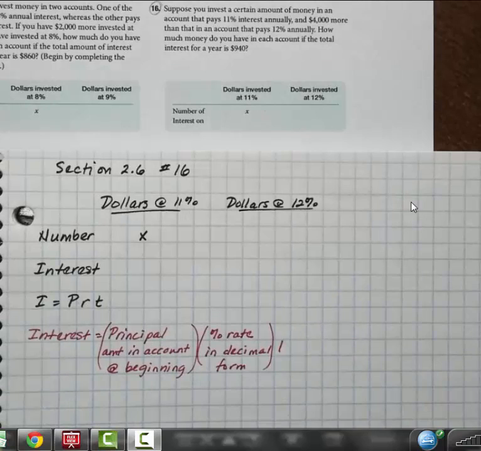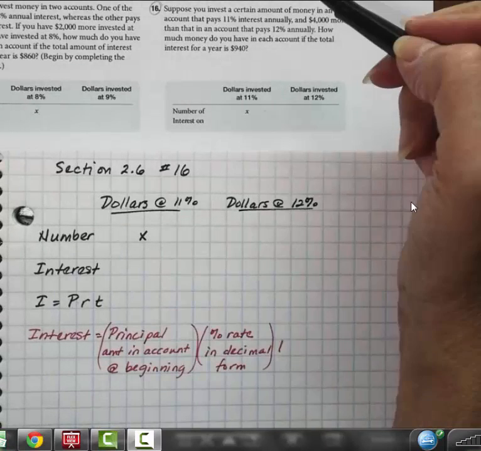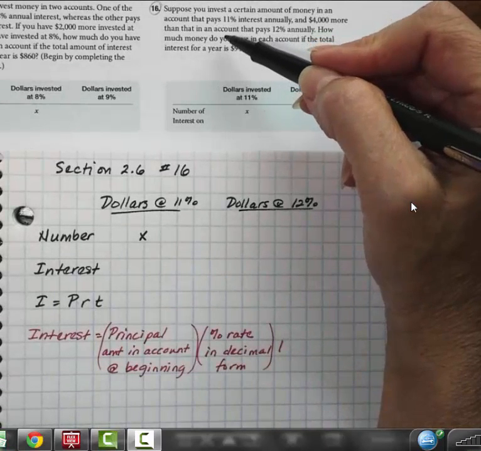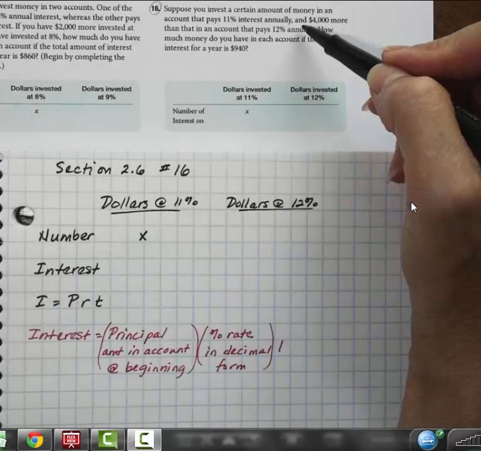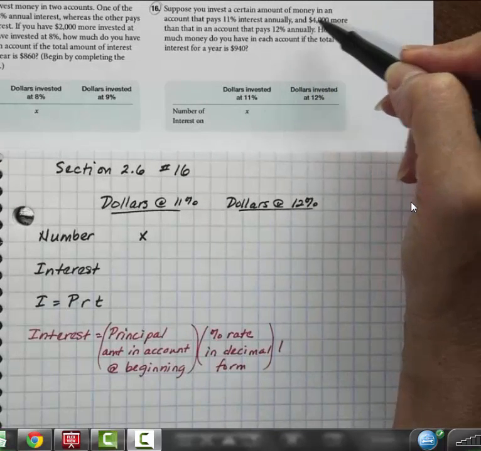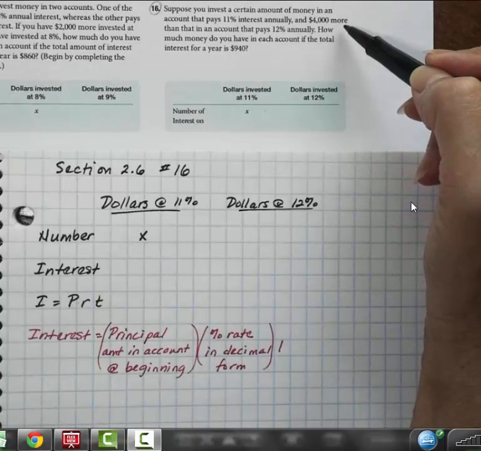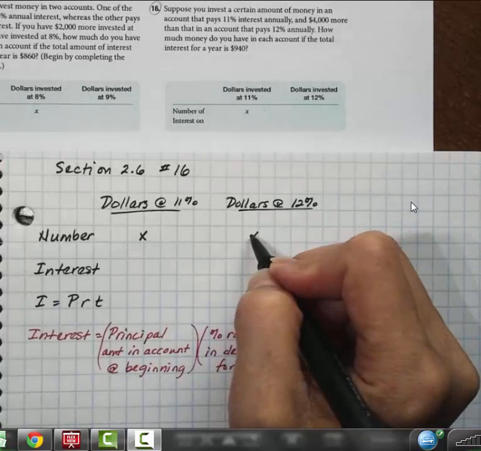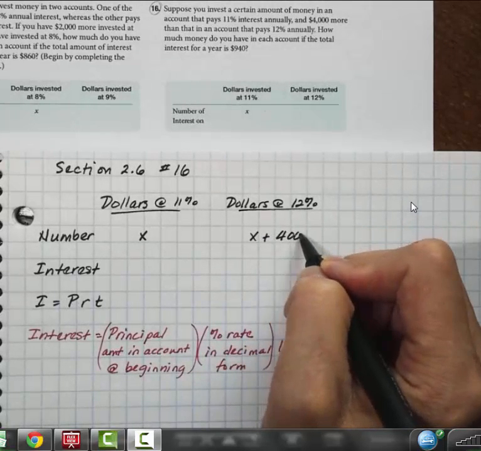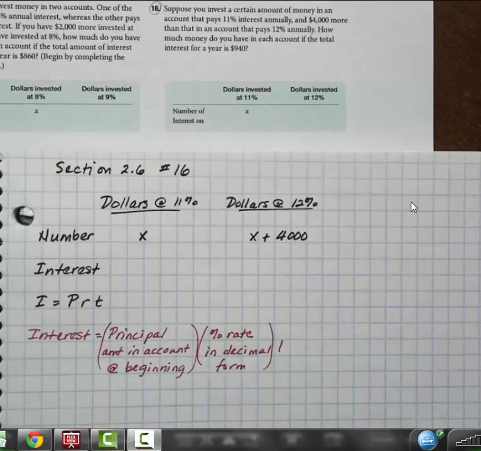So we're putting in X dollars at 11%, and $4,000 more than that. $4,000 more means I'm going to be adding to X. So X plus 4,000 is how much I'm going to add to my account at 12%.